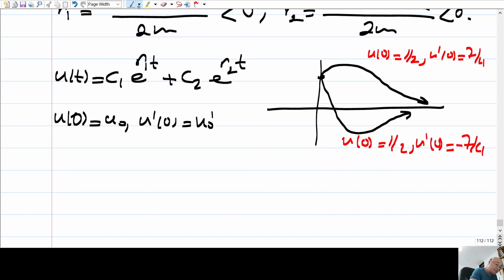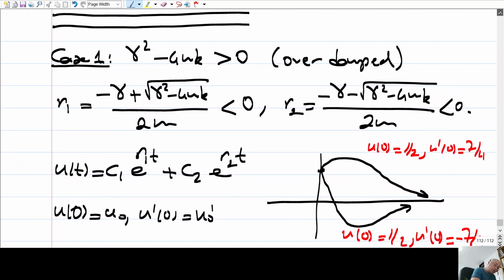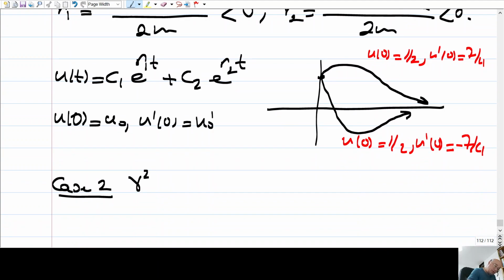The second case is case 2. Here, gamma squared minus 4mk is 0. In this case, R1 and R2 are both equal to the same number, minus gamma over 2m, right?